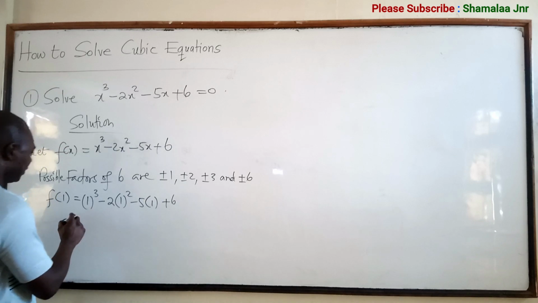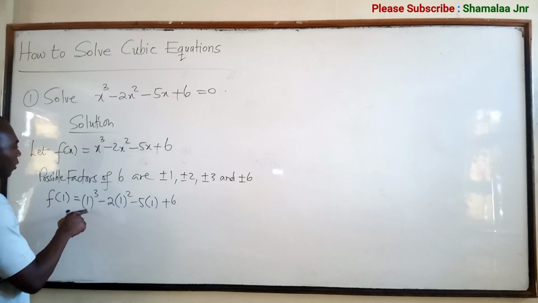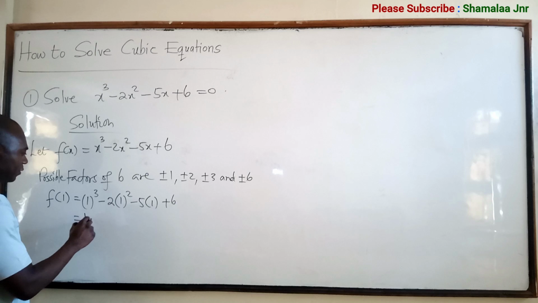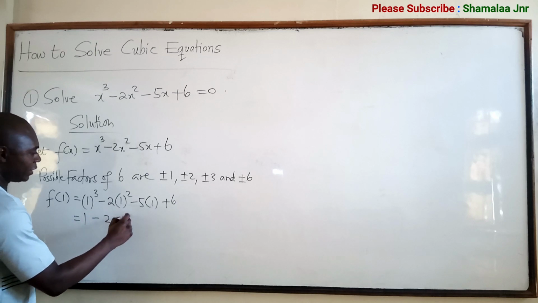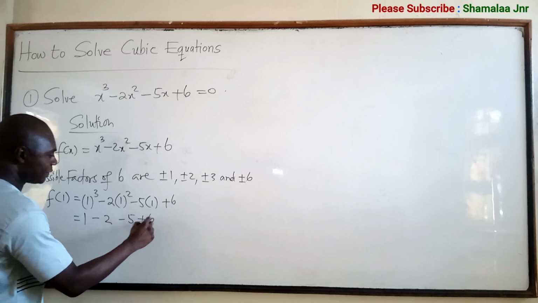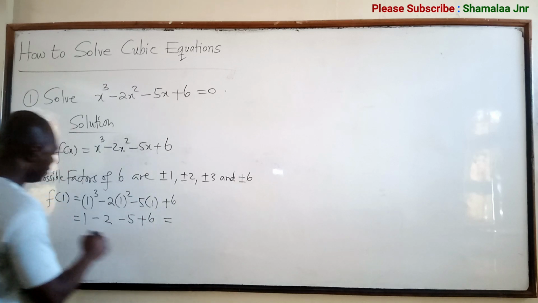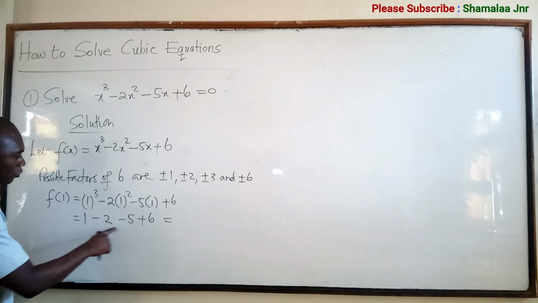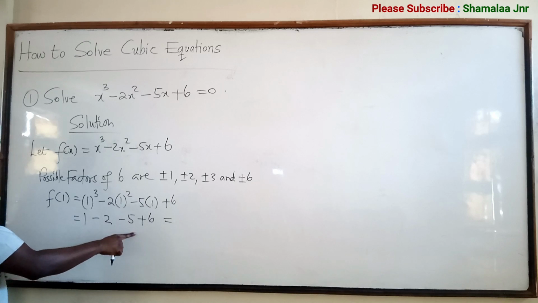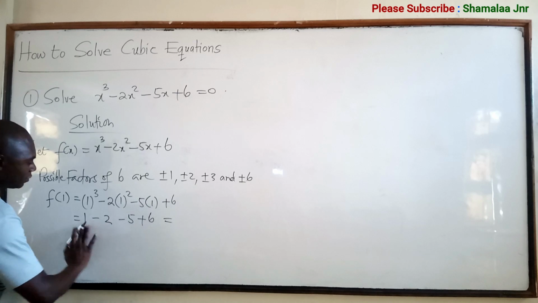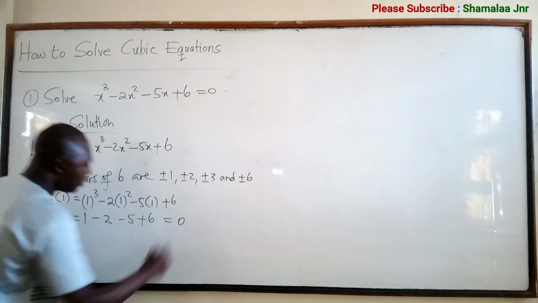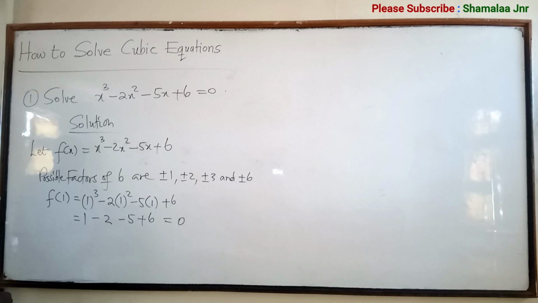And this is equal to 1 raised to the power 3 is 1, minus 2, minus 5 plus 6. Negative 2 minus 5 is negative 7. 1 plus 6 is 7, so that will cancel the negative 7. So this is 0. So f of 1 has given us 0.